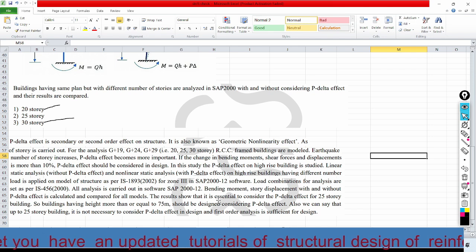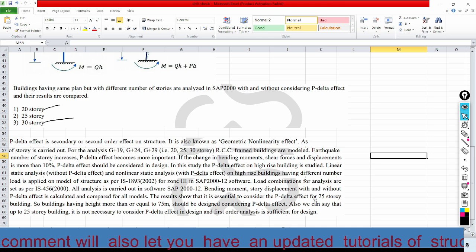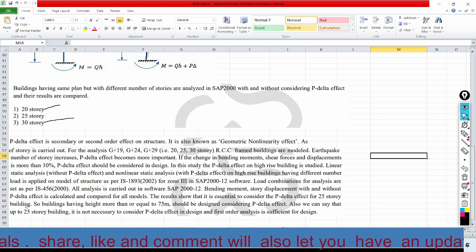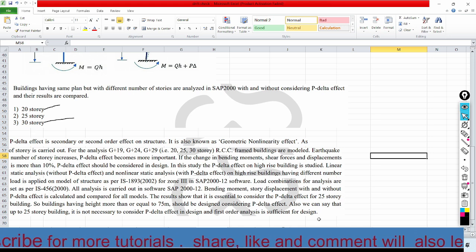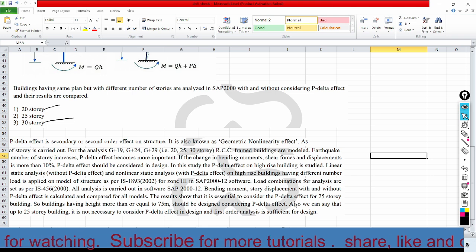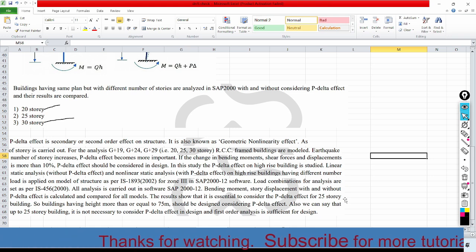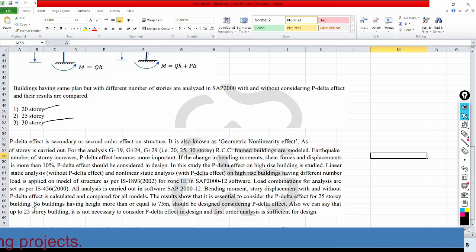The research shows that it is essential to consider the P delta effect on 25-story buildings. That means the P delta effect for a 25-story building is very high with respect to the 20-story building.